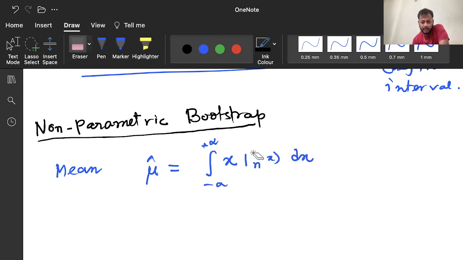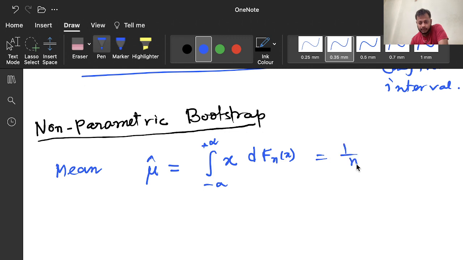So I haven't written it correctly, here I have to write the probability. This is 1 by n summation of i equal to 1 to n xi. So that is the sample mean.